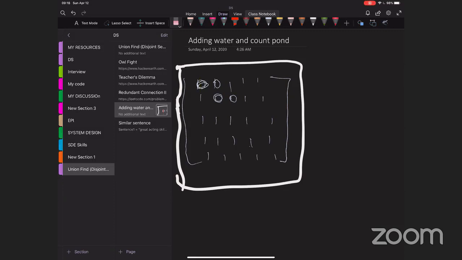So we can check the neighbors. If any neighbor is 0, then we know the number of ponds is still the same. But if all of the neighbors are 1, then we can add 1 to the pond count. Okay. So what we are saying is that if you're going to join 2 islands, then we're going to use that, right?